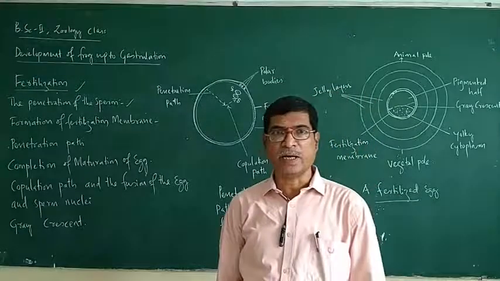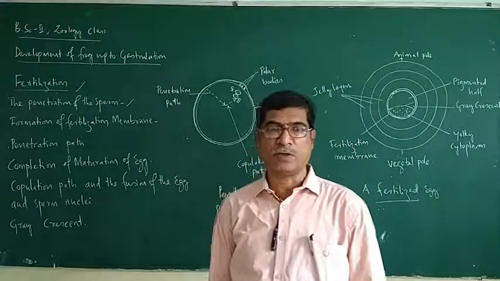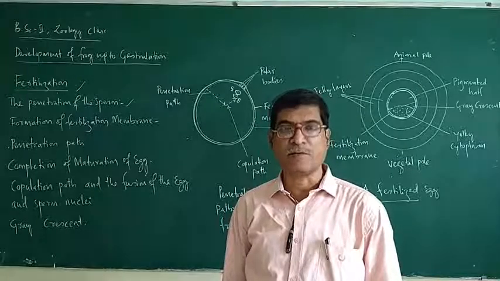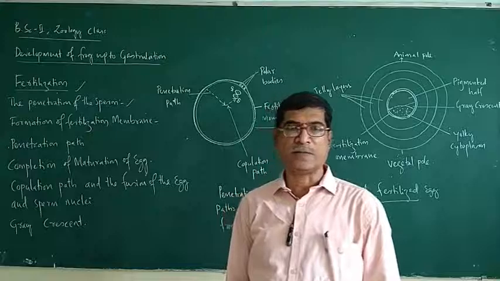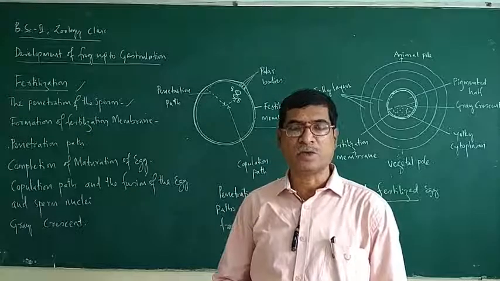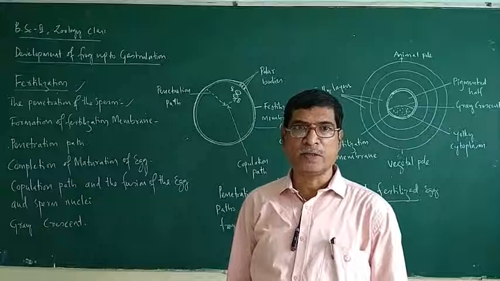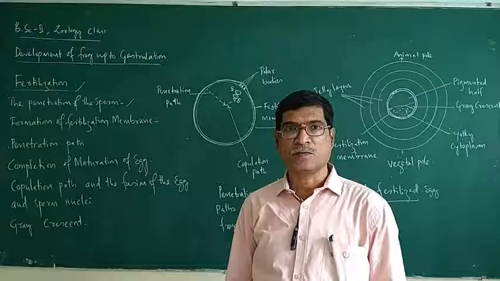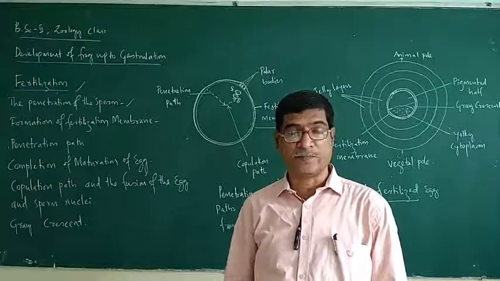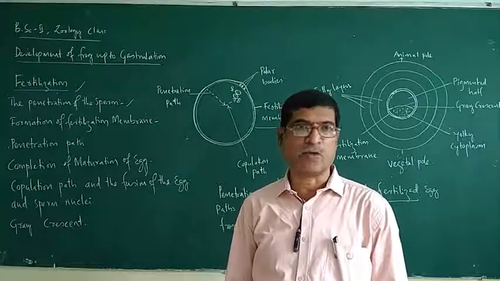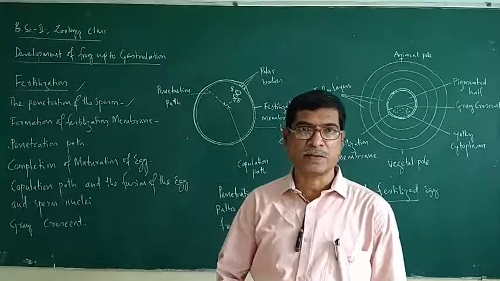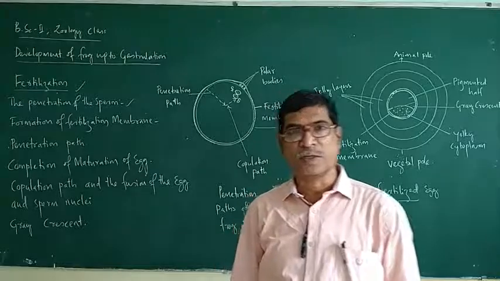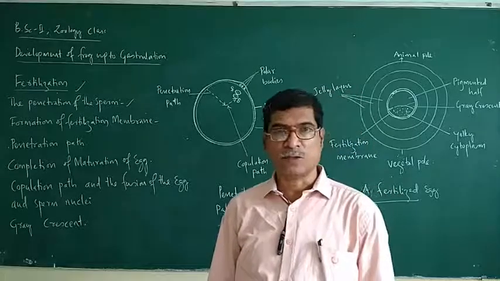As the eggs are laid by the female frog, the male frog releases seminal fluid, and this seminal fluid contains a large number of sperms. Okay? So here fertilization is external. In frog, fertilization occurs outside the body, in water. So the female releases its ova into the water, and the male frog also releases sperms into the water.